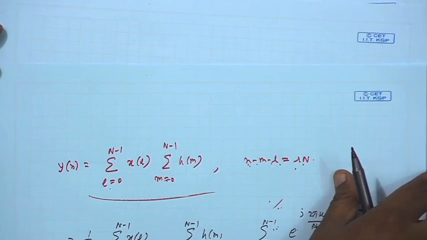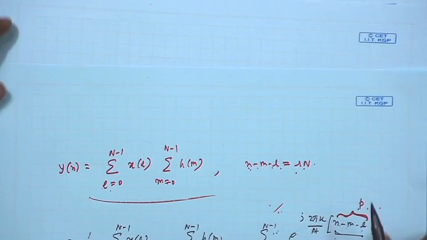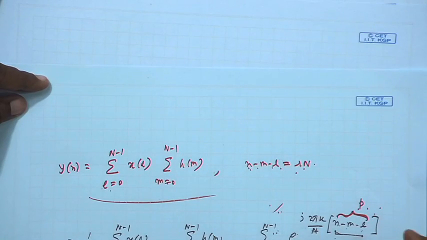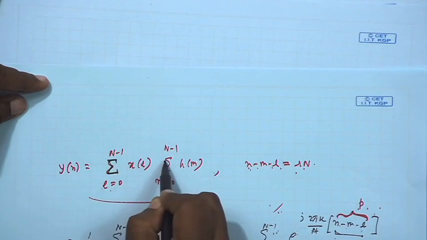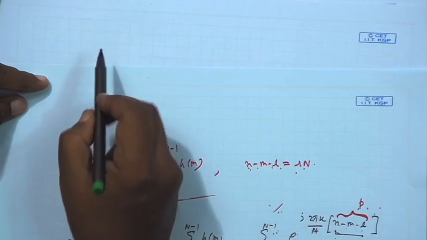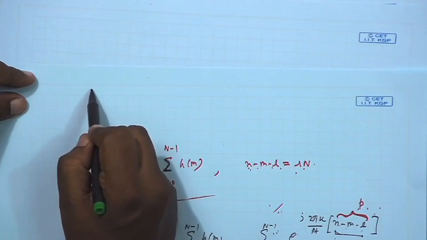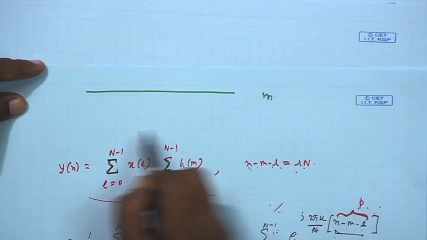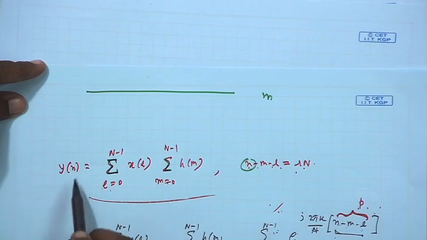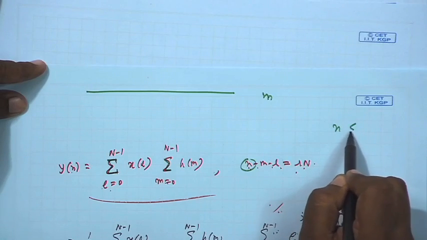Suppose I have got one axis, M. The small n is your choice. You are trying to find y at a small n, but small n is within this range.